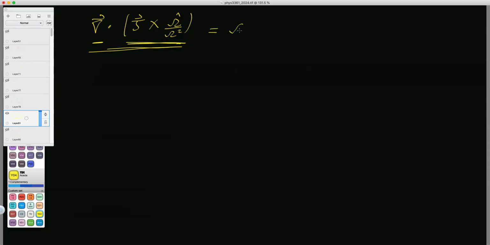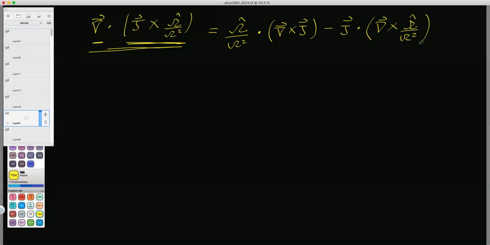So it's going to be omega hat over omega squared dot del cross J, and then minus J dotted into del cross omega hat over omega squared. Basically product rule, right? But to prove that, you're either going to look it up somewhere, or you're going to prove it yourself.